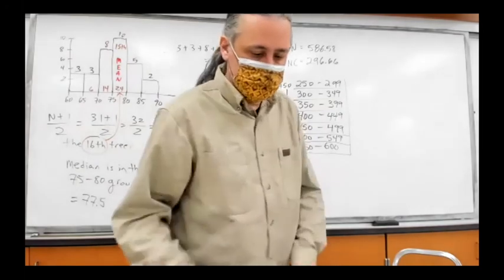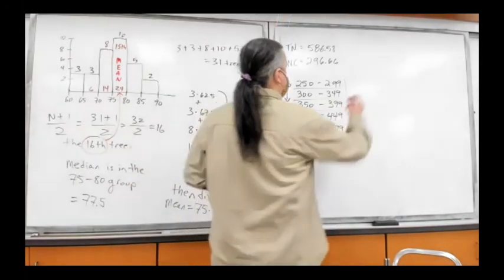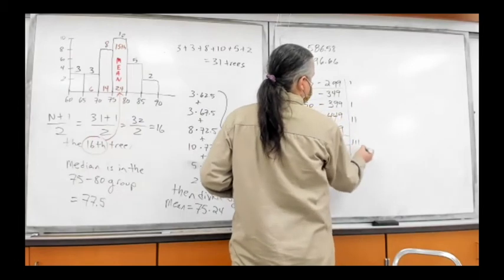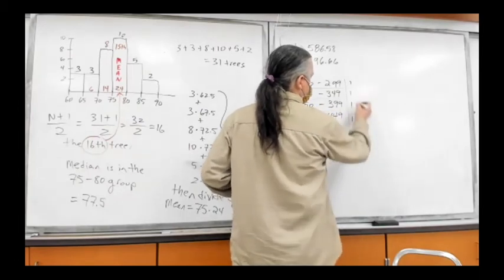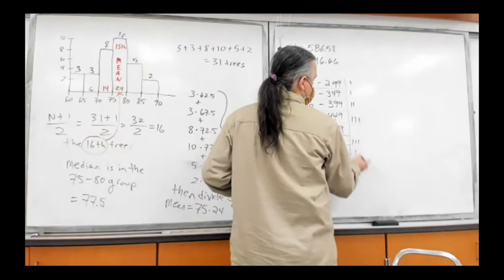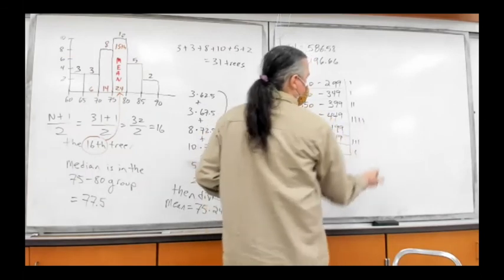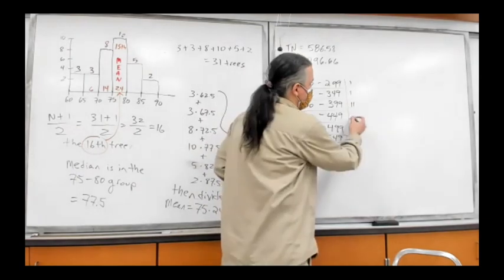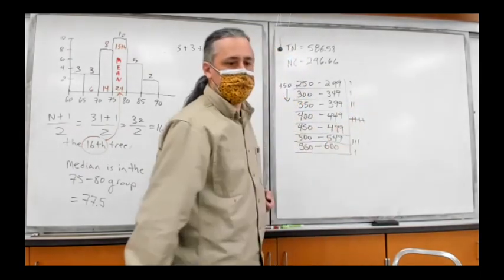Okay, so what you want to do now is go ahead and make little tick marks, little tally marks. Right? Now, when you get to the fourth number and you want to do the fifth, we draw a little horizontal line through it.